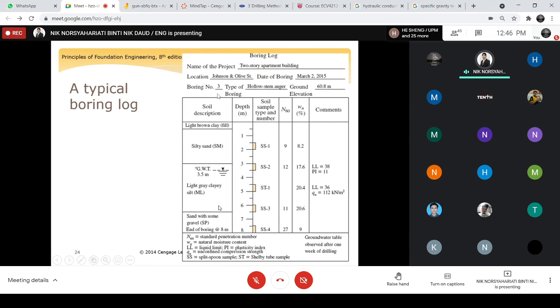So this is based on the soil description here and the depth of it, right, soil sampling type and number, which is here, they highlight soil sample number 1, 2 and etc. The N60 here, they didn't jot down the numbering, but just only the total N60 and etc. And then these comments are normally added after you carry out the test in the lab, because you need to put in the values for the liquid limit, plasticity index and etc. Okay, so this is just an example for the boring log.